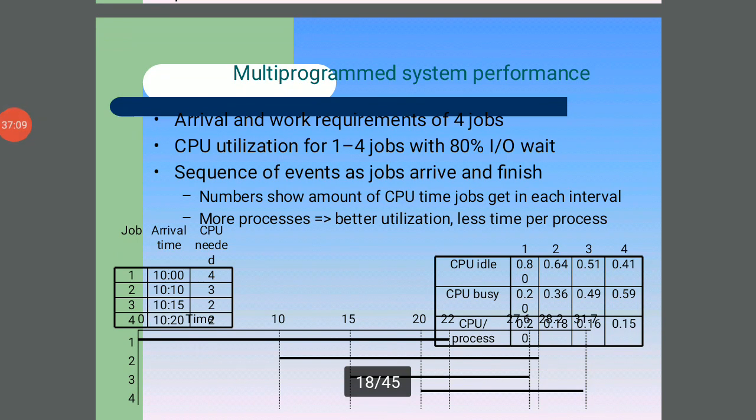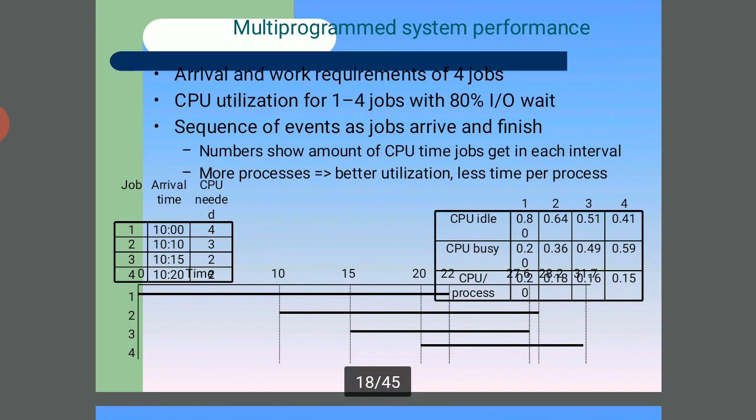And next, the multi-programmed system and its performance. The central processing unit is utilized by 1 to 4 jobs. Jobs mean different types of criteria, with 80% input output wait, and the sequence of events: the job arrives and finishes. This shows the amount of central processing unit time the jobs get in each interval.